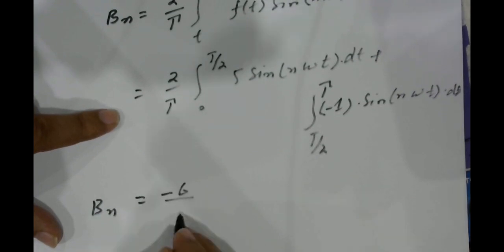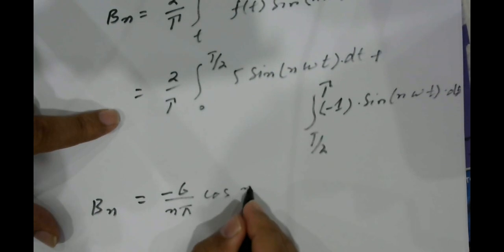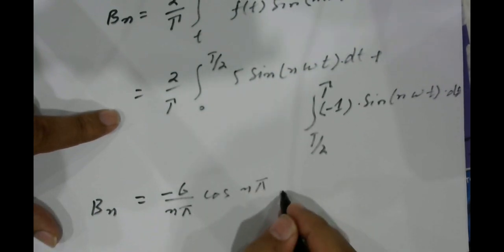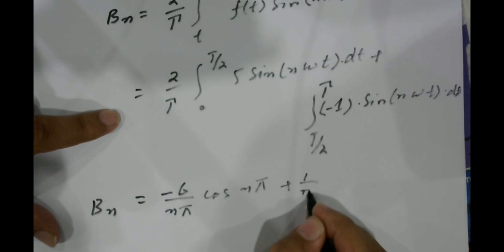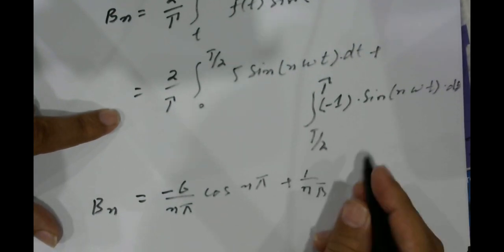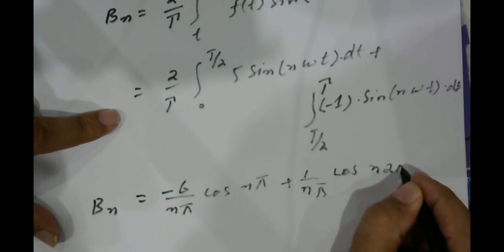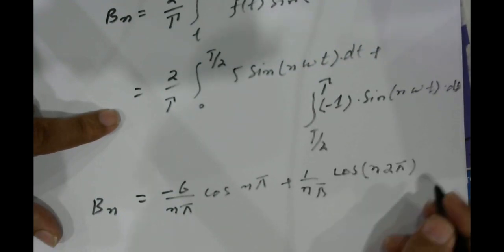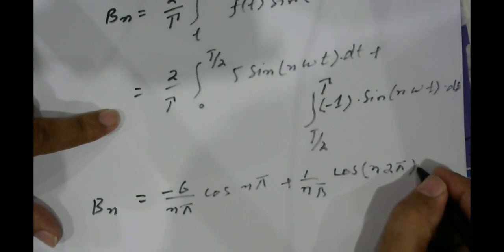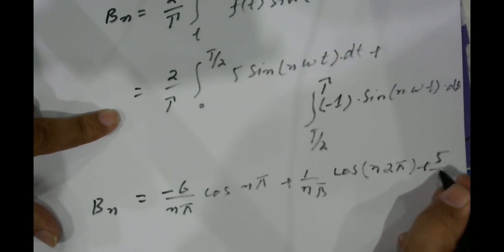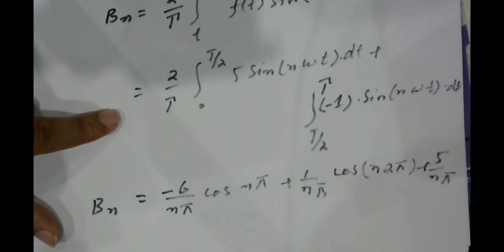I'll write the end result, and I'll give you the solution in the notes, how I solve these integrals. So bn, the final answer after simplification, you will get is minus 6 over n pi cos n pi plus 1 by n pi cos n 2 pi, and plus 5 by n pi.